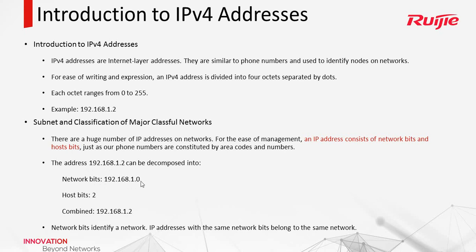Be careful, the last byte we normally write as 0. And the real last byte, 2, means the host bits. And the network bits combined with host bits make one complete IP address, like this one.